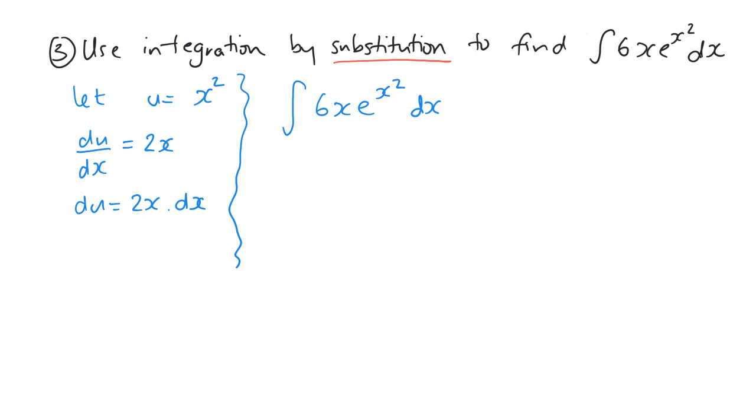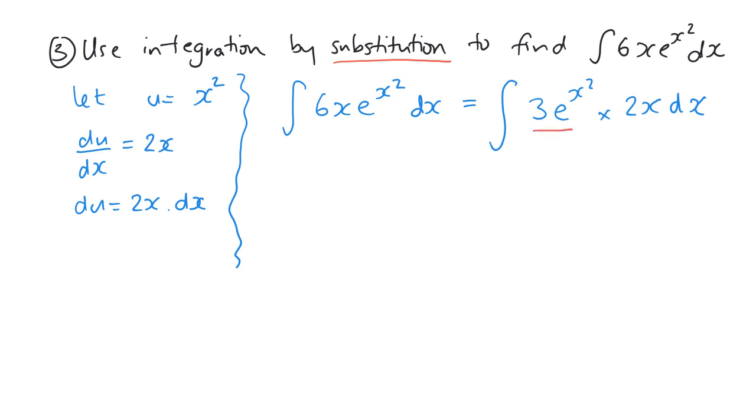I'm going to write that in a slightly different way, looking at what we have on the left-hand side here. We have 6x, but we've got du is 2x dx. So I'm going to write that as 3 e to the x squared times 2x dx. And hopefully you can see they're exactly the same.